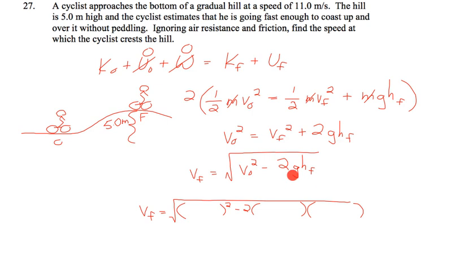That has to be in meters per second squared to get the right units. So plugging in, the original velocity was 11 meters per second. Gravity is 9.8 meters per second squared. And the height is 5 meters.